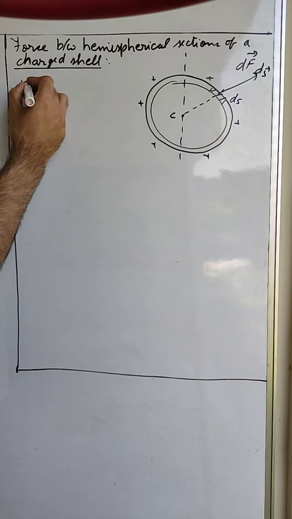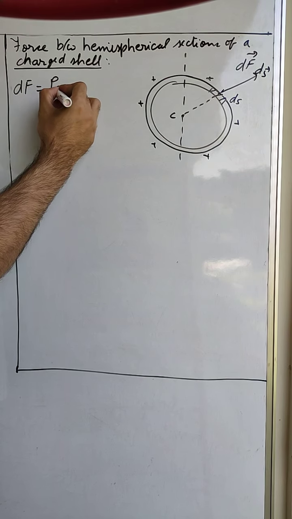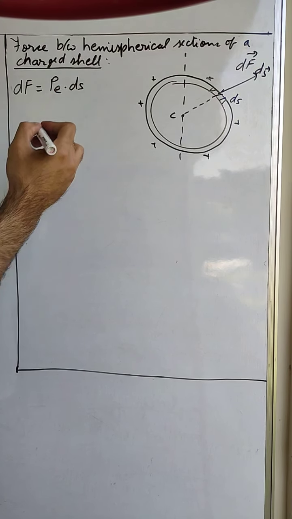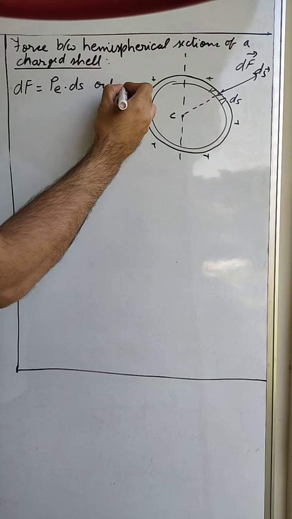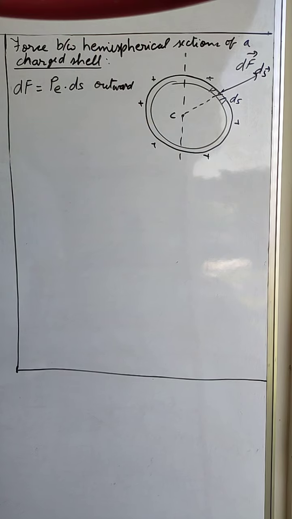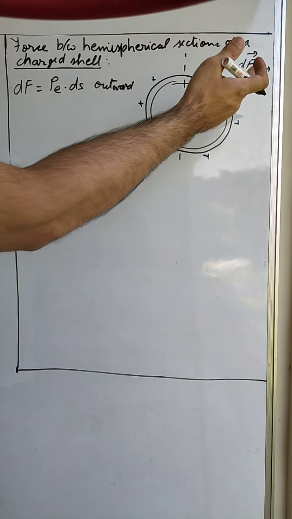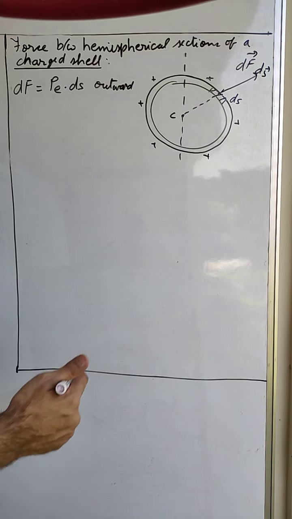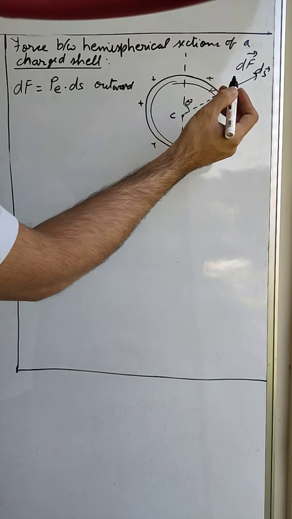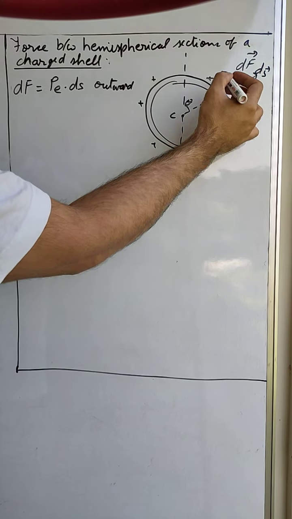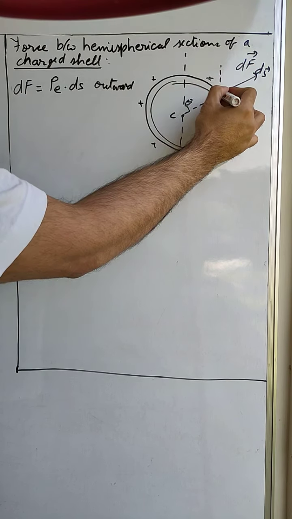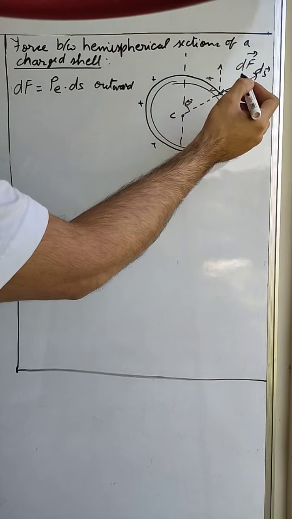This force df can be given as electric pressure into ds, in the outward direction, as we have studied in previous videos. Now if we divide df into two parts, let us say this is theta, then it is divided into rectangular components, horizontal and vertical.